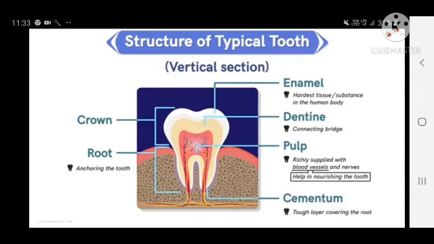Now the last layer is cement, or we call it cementum also, that is in the root part only. It is another bone-like structure which covers and fixes the root in position. From the name only you can guess, cement or cementum is for fixing your root, anchoring your tooth with the gum. So these are the different parts of the tooth.